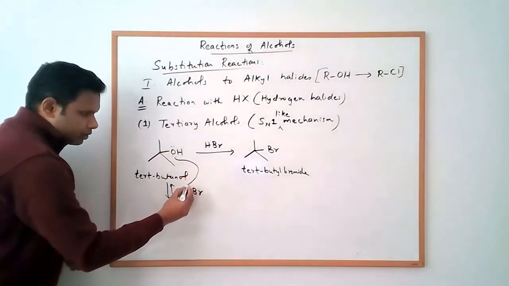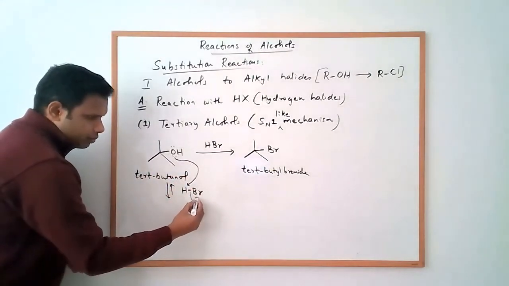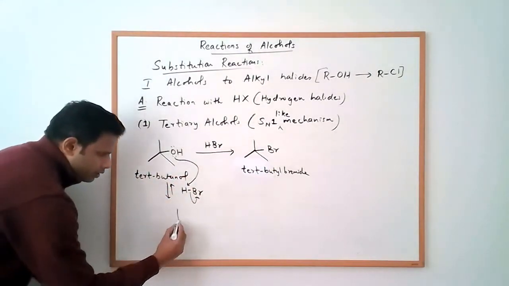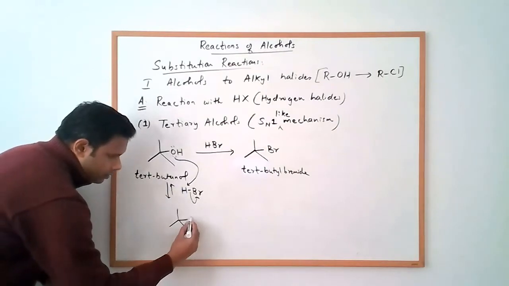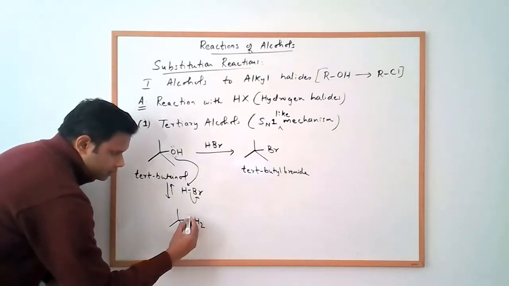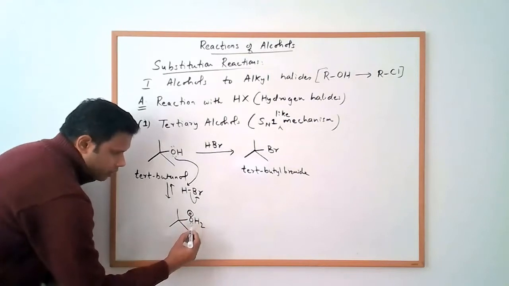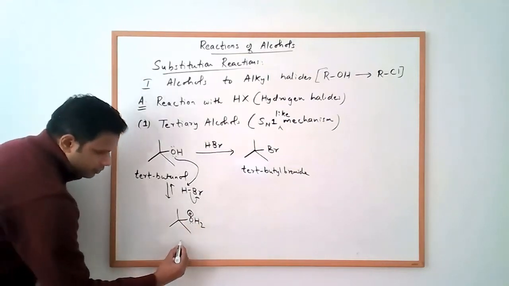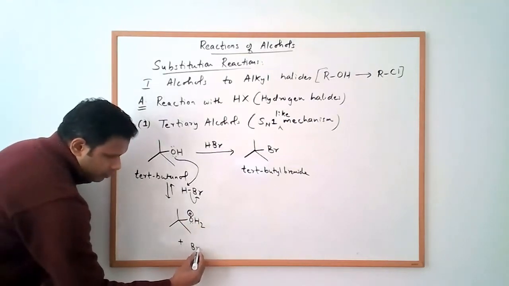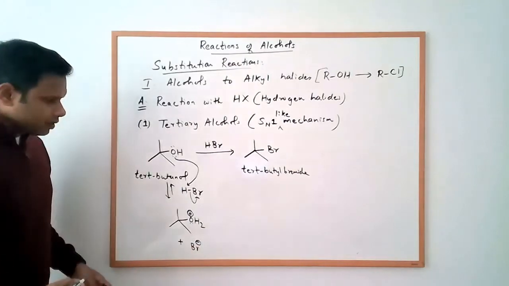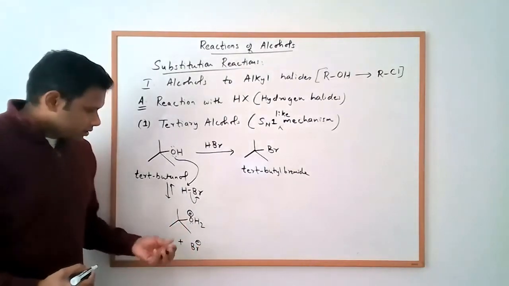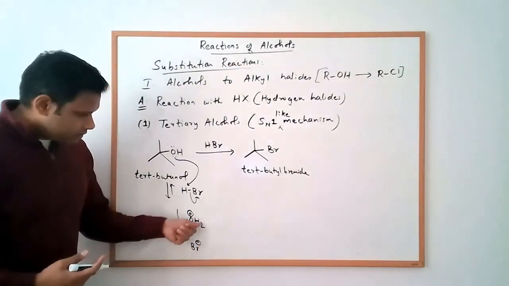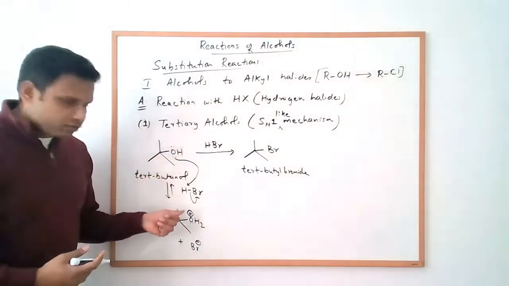So the lone pair on the oxygen can get protonated, and it would give us the protonated alcohol along with Br minus.